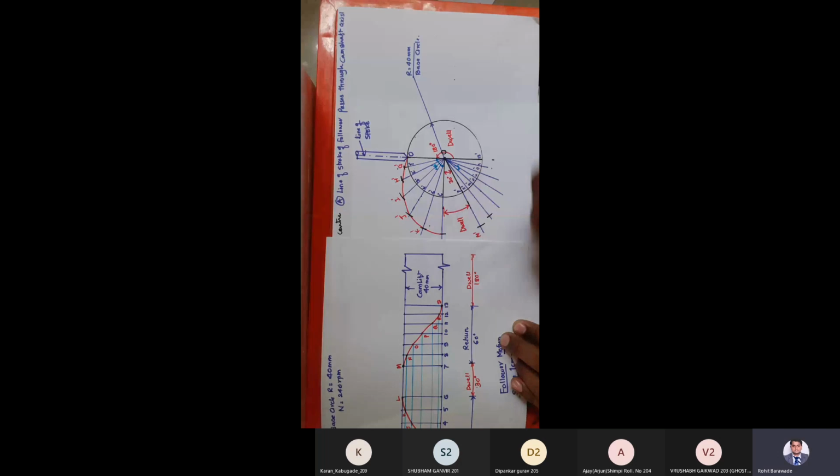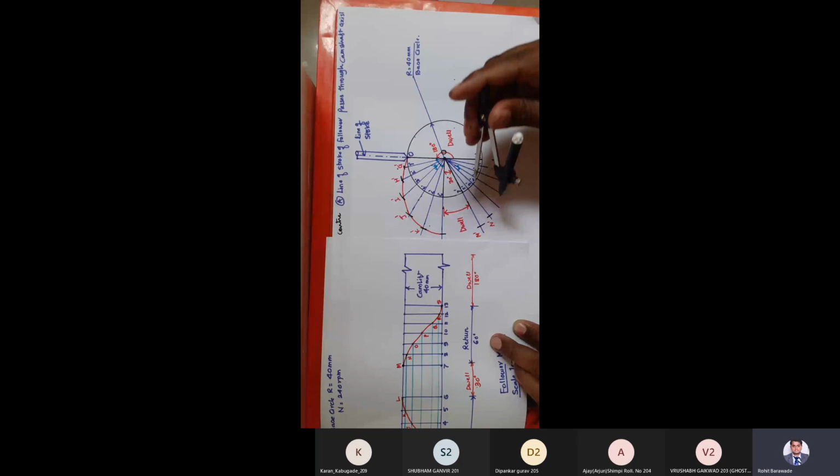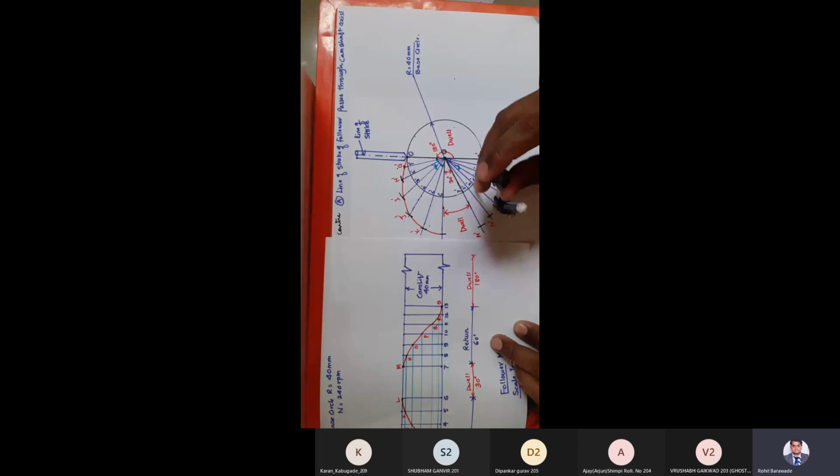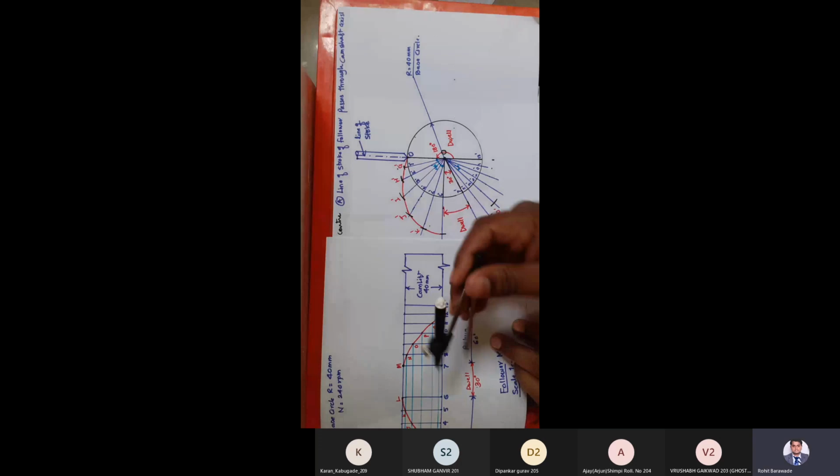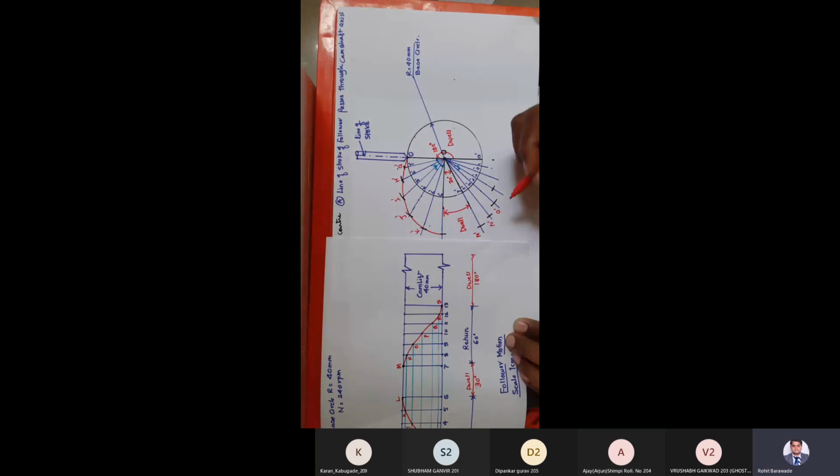Then 9 point to O point, right? I take a distance from 9 point to O point and place at the 9 dash point and mark a point. This point is named the O dash point. Then here from 10 to P, this is the P dash point, right?